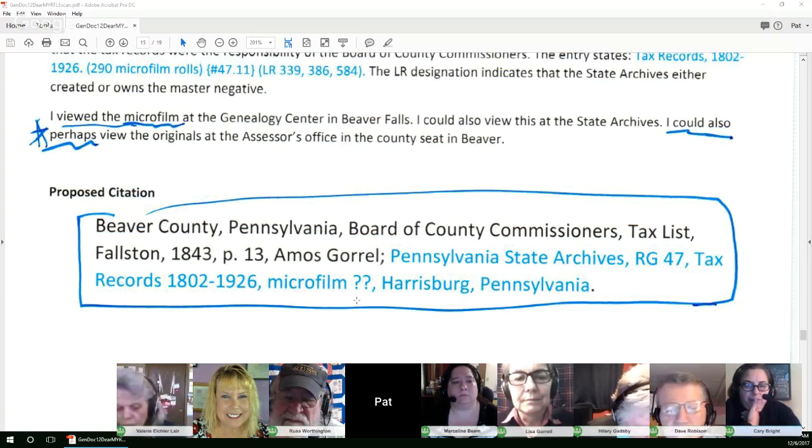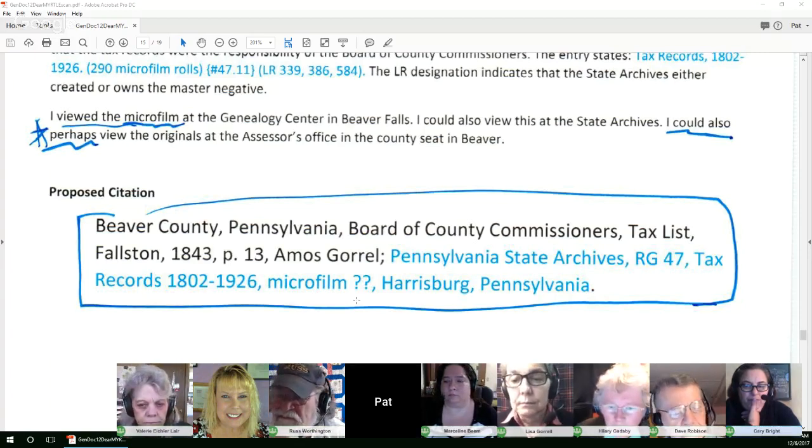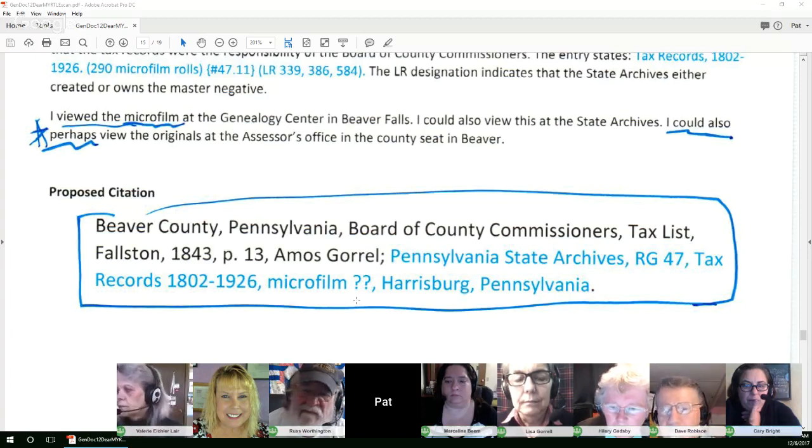You did go to the Pennsylvania State Archives site to learn more about why the record set was created, who created it, what was the purpose. And Cousin Russ always points us to that. Like when you're at Ancestry, you have to click, find out more about this record set.